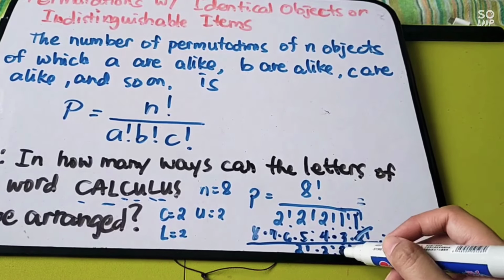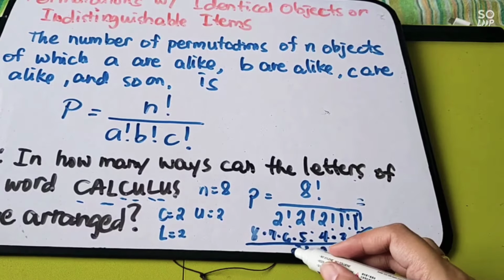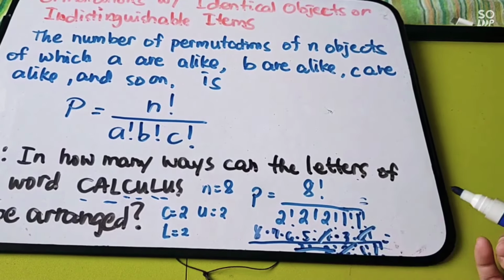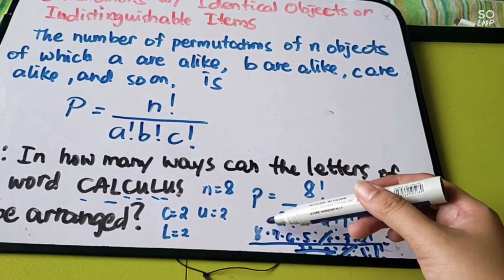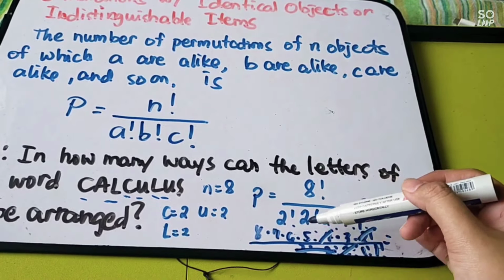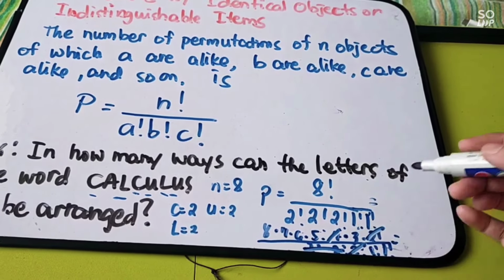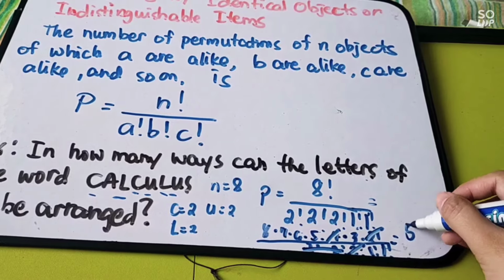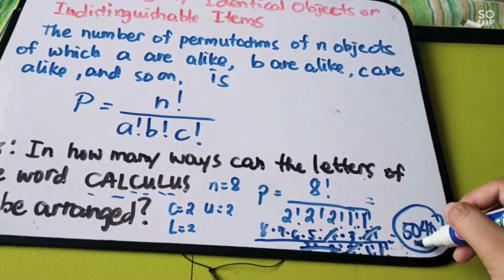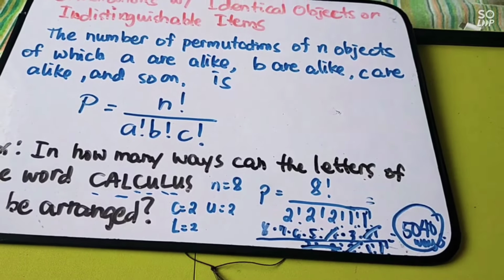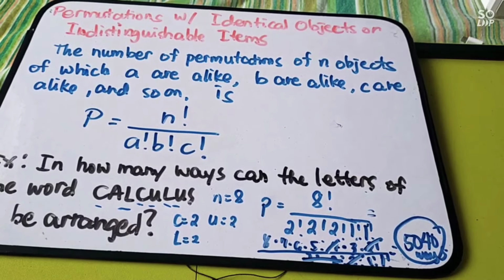Cancel mo yung 2 factorial there at saka dito. Yung 2 factorial times 2 factorial equal yan kay 4. Cancel mo na to, tanggalin mo na yung 4. So, ang i-multiply na lang natin ay si 8 times 7 times 6 times 5 at saka times 3. So, ang sagot dyan is 5,040 ways. Ayan. So, that is permutation with identical objects.